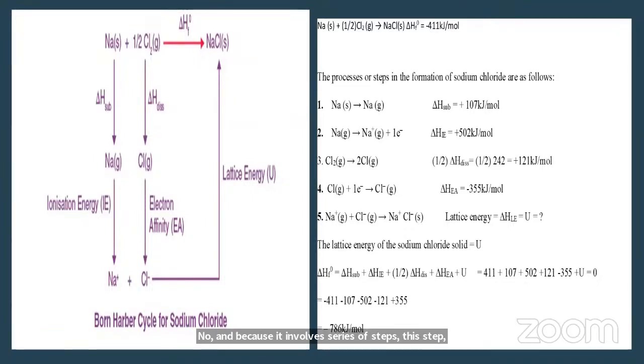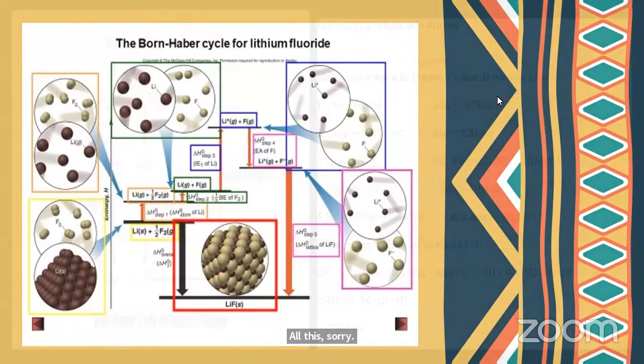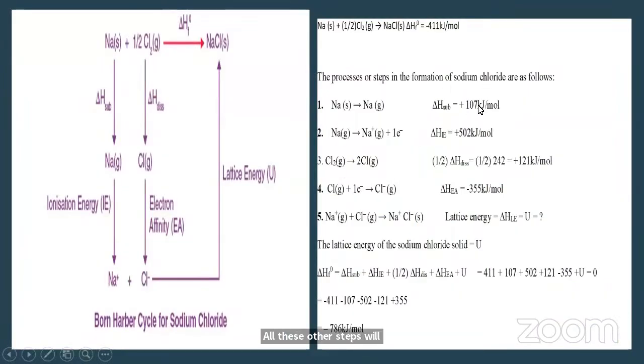And so we need to do what? To look at all of these heat changes for all the processes. All these other steps will have their heat change, and this can be measured experimentally. What do I mean by that?